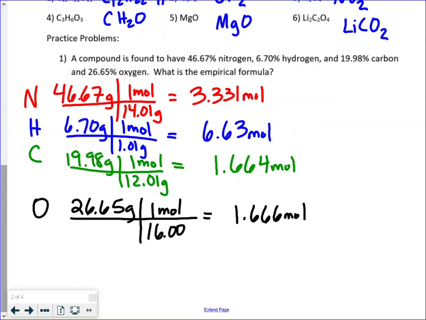Okay, so I got the moles of each now. I look for the smallest, happens to be carbon. So I'm going to divide everybody by carbon's number. And oxygen, as you can see, is so very close that that's also going to result in a 1.